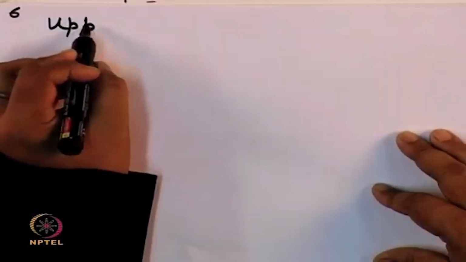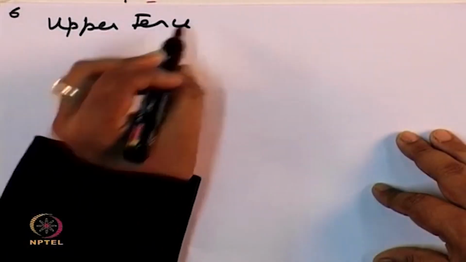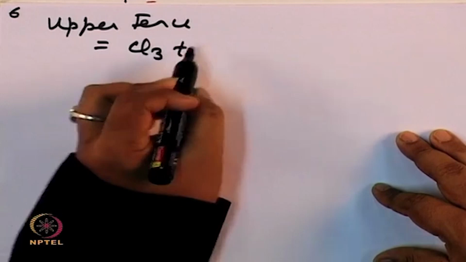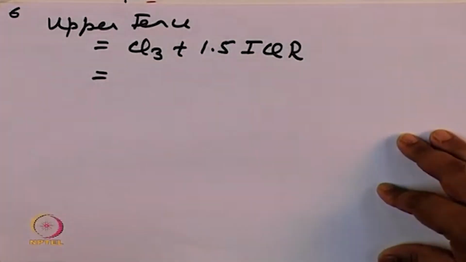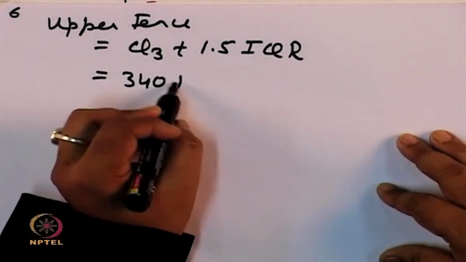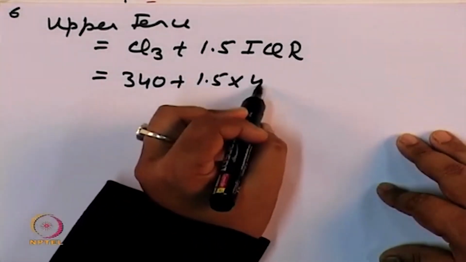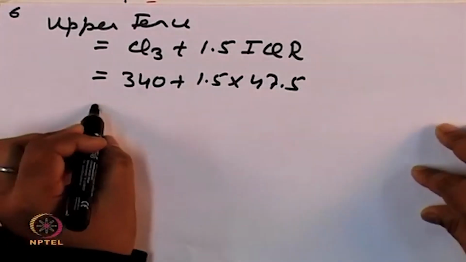Okay. I can similarly calculate the upper fence: Q3 plus 1.5 times IQR. Q3 is 340 plus 1.5 into 47.5. So, which will give me a value.